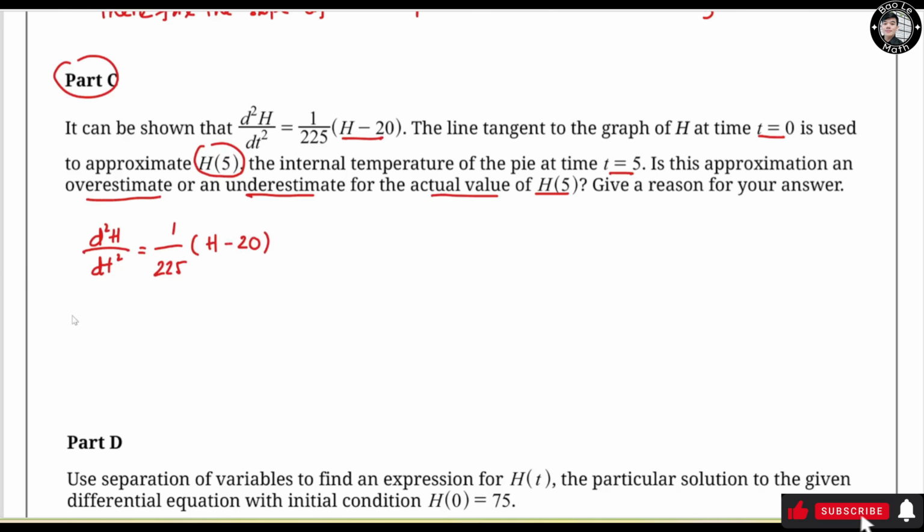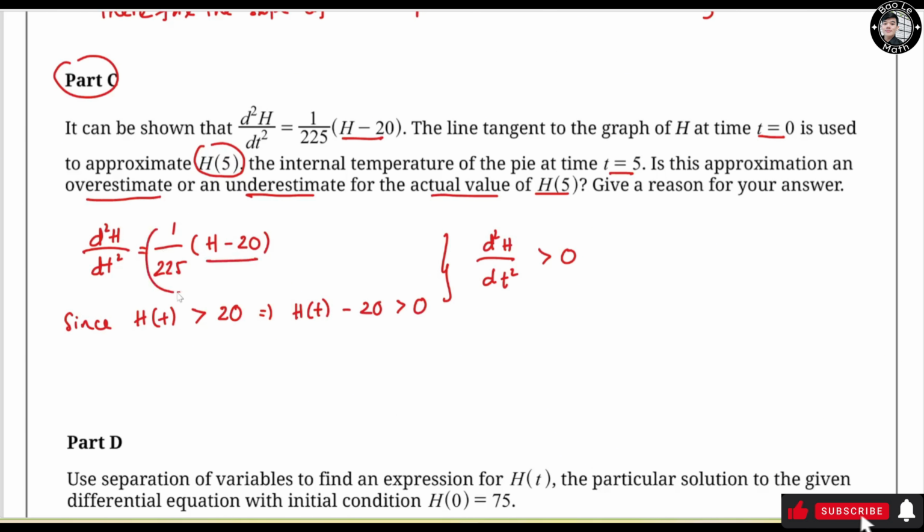Alright, now since h of t is greater than 20, right? So it tells us that h of t minus 20 is greater than 0, right? So from these two guys right here, we can conclude that the second derivative of h is always positive, right? This guy is positive, this guy is positive, so when you multiply it's going to be positive, right?